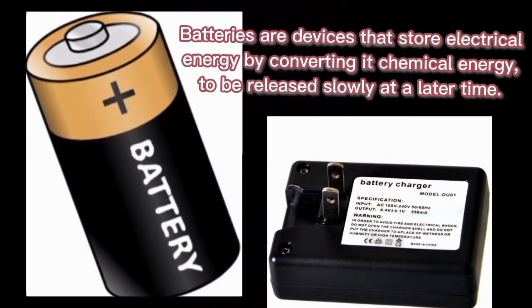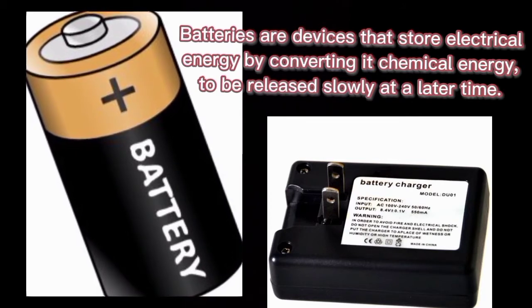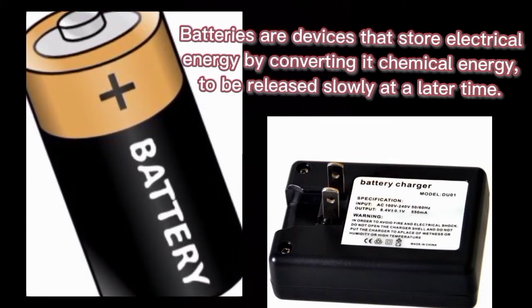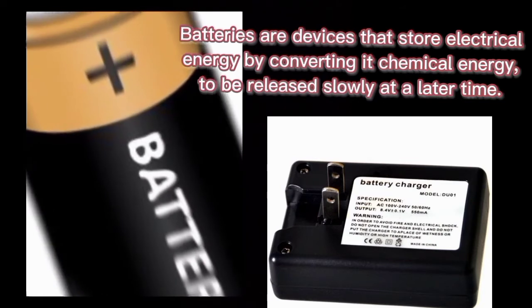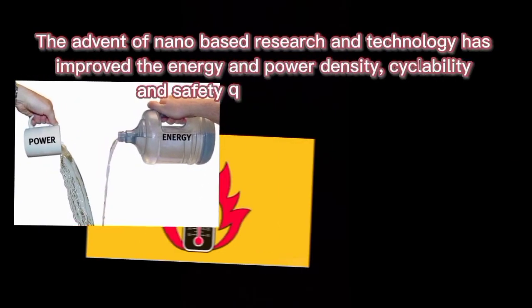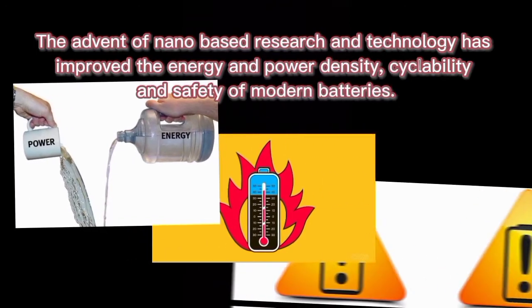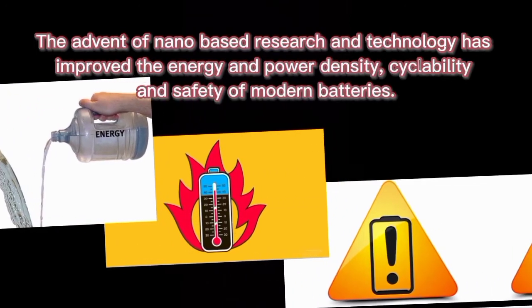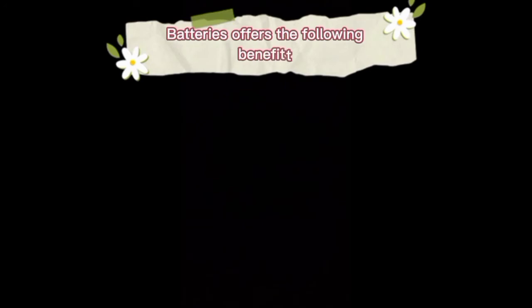In rechargeable batteries, this chemical process is reversible, allowing the battery to be reused many times. The advent of nano-based research and technology has improved the energy and power density, cyclability, and safety of modern batteries. Using nanotechnology in the manufacture of batteries offers the following benefits.